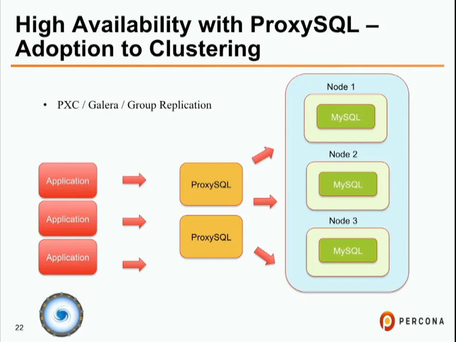So with Galera, the way it works is that the application can connect to any of the proxies. The proxy will constantly monitor the status of the nodes. So you can have all the nodes taking writes, or you can configure it to have only one writer. And so in this case, the proxy will constantly monitor the status of the cluster and will detect when a node failed or when the writer has moved to another one.